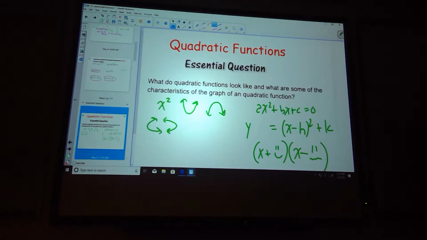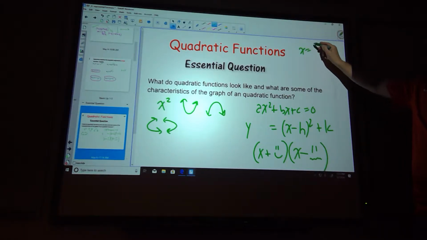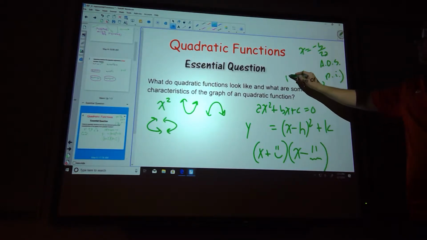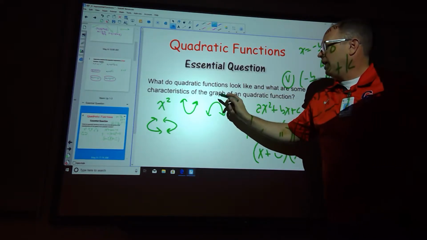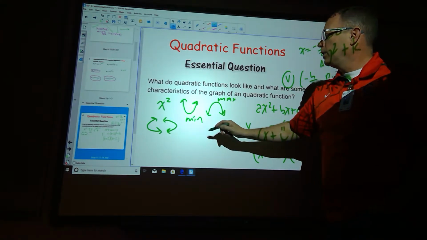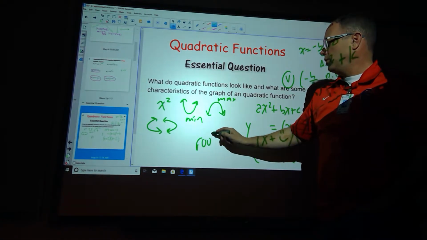We know that x equals negative b over 2a finds the axis of symmetry. We do negative b over 2a, comma, plug in, finds us the vertex. We have a max, or we have a min. We have roots.